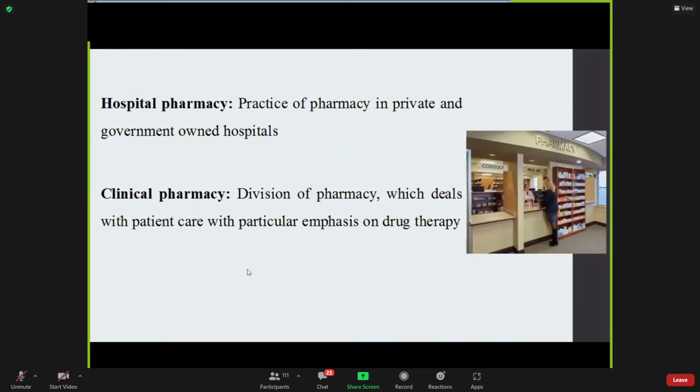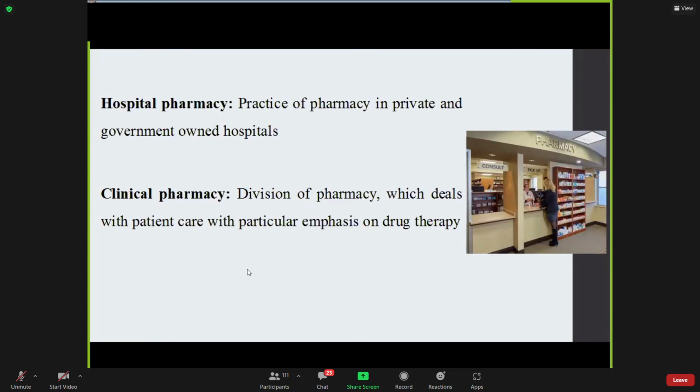Hospital pharmacy, you must have seen in our hospital also, there is one pharmacy where various drugs are dispensed. Hospital pharmacy is the practice of pharmacy at private level or at government setup. And clinical pharmacy is particularly the division of pharmacy which deals with patient care with particular emphasis on drug therapy.